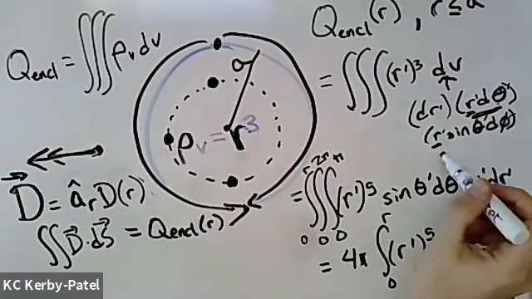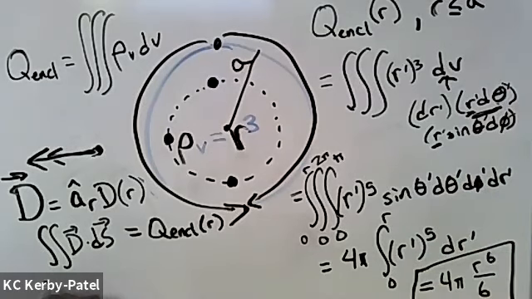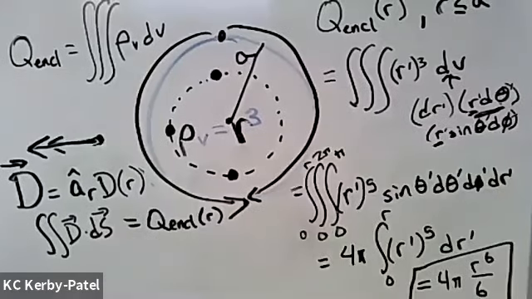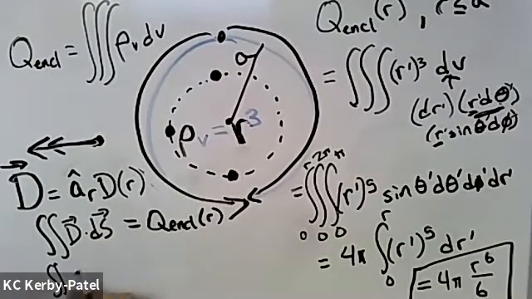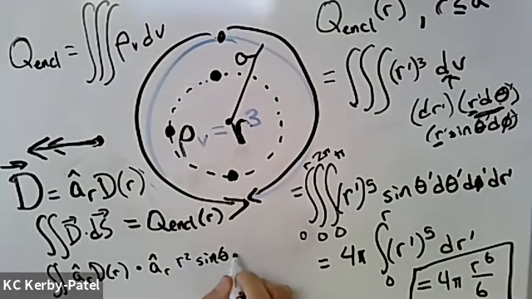Just the R d theta and the R sine theta d phi things multiplied by each other. And it's R directed. So a hat R D of R. So this D of R is an amplitude, and it has its direction vector external to it. And that's going to be dotted with a hat R, R squared sine theta d phi.